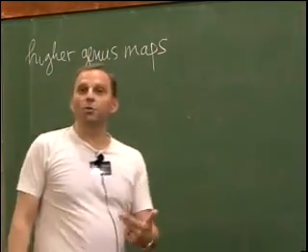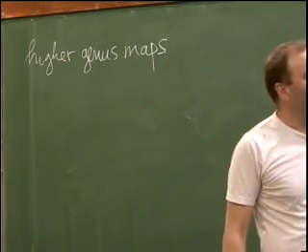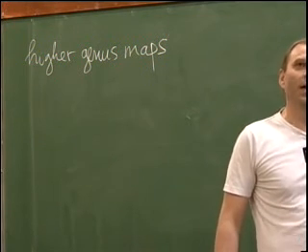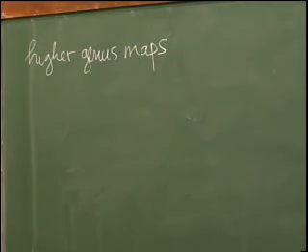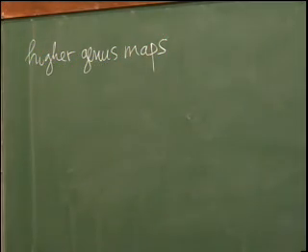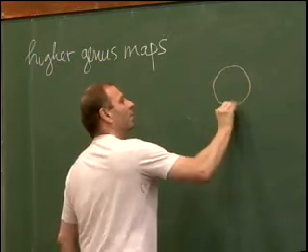So basically, a higher genus map will be again a graph, but embedded now not on the plane, but on a higher genus surface. And basically, among the higher genus surfaces a given graph can be embedded, there will be those with minimal genus. So take, for instance, a very simple example here, just to make my point. Take this graph, maybe with a vertex.